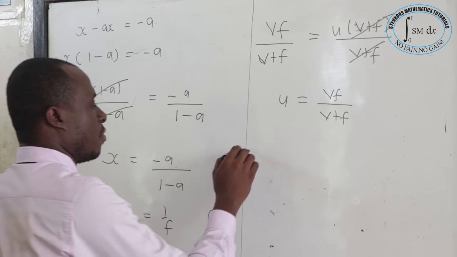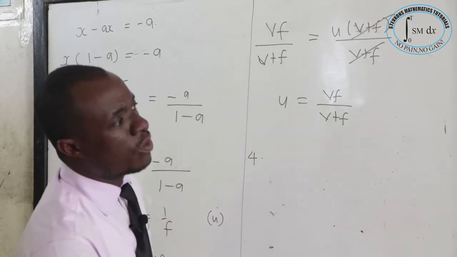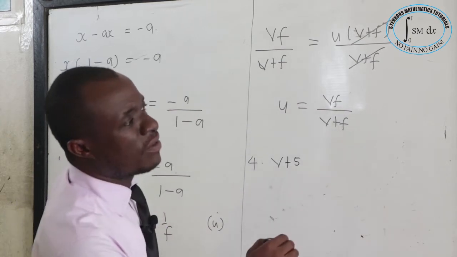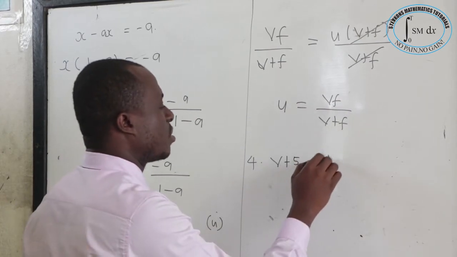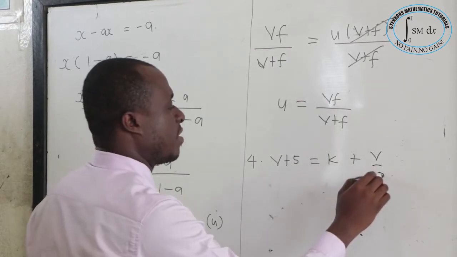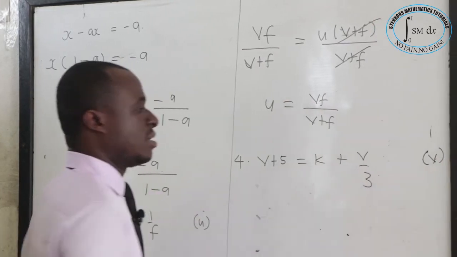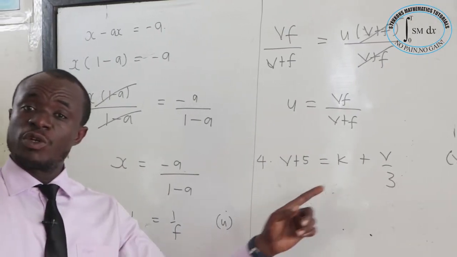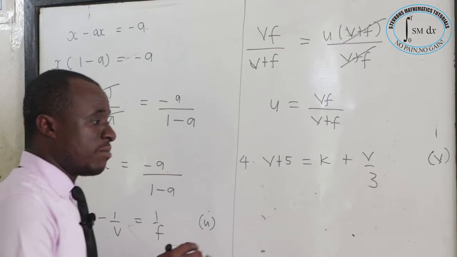Let's see question number 4. Question number 4, we have v plus 5 equal to k plus v all over 3. And we want to make v the subject. Clearly over here, what is the LCM? The LCM is 3. So you have to multiply through each term by the 3.